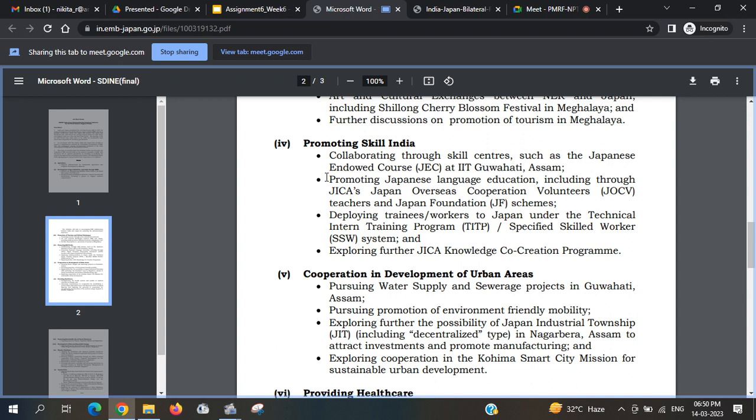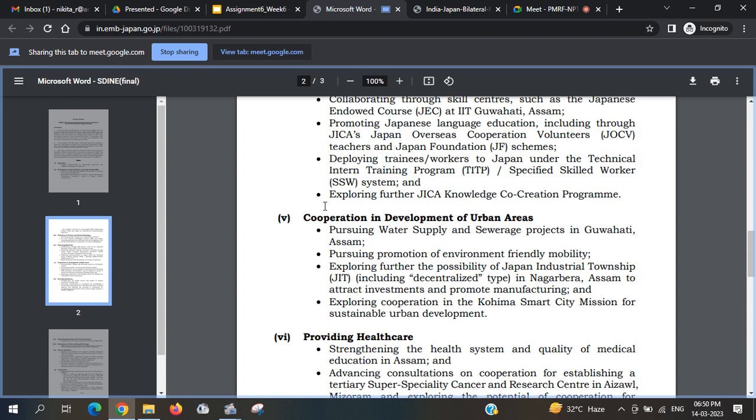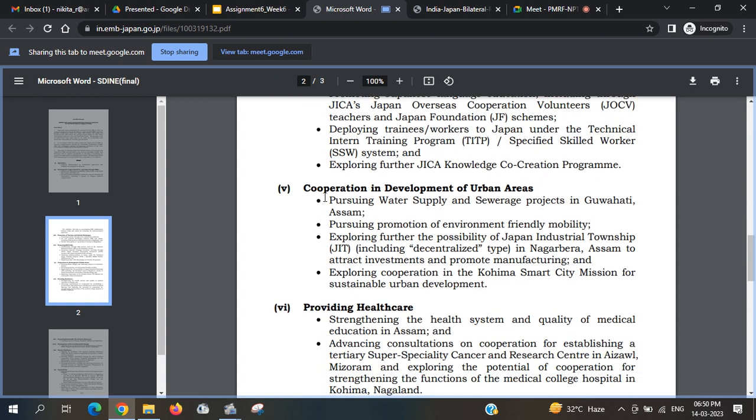Then promoting Japanese language education in northeastern states. Then deploying trainees or workers to Japan under technical intern training programs and specified skilled worker systems, etc. So this is another way of promoting skills in India.